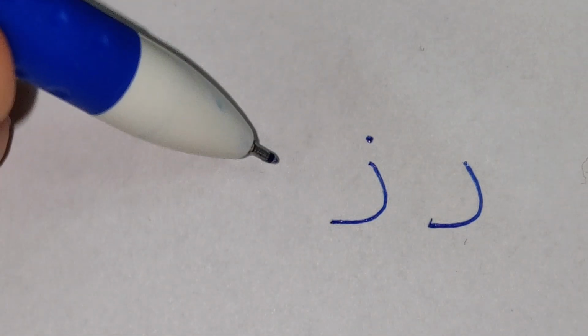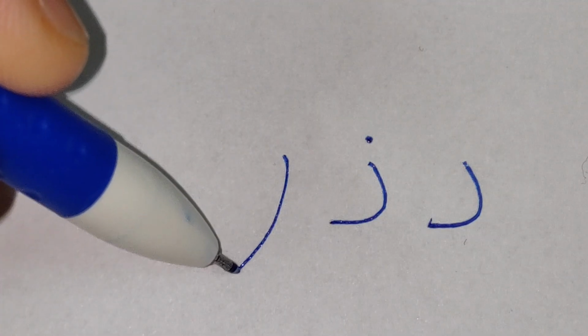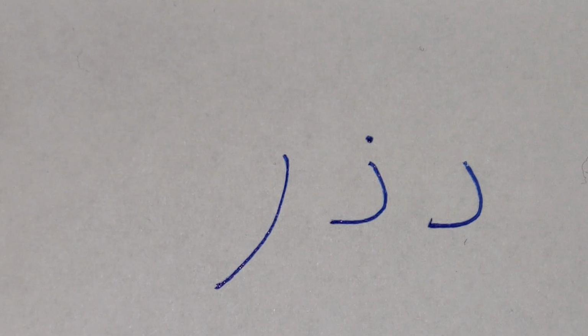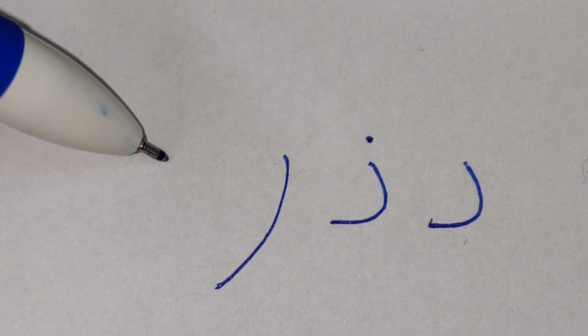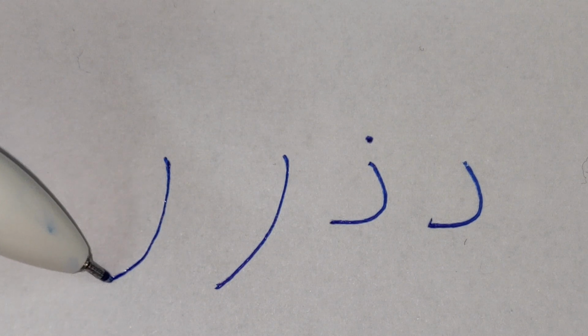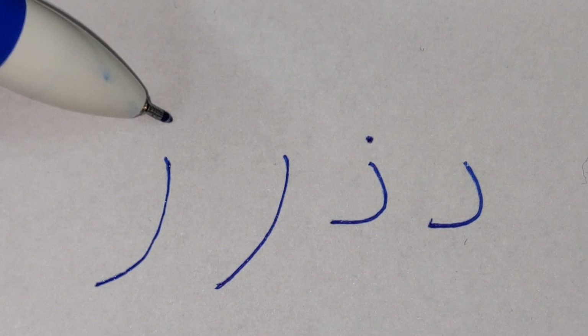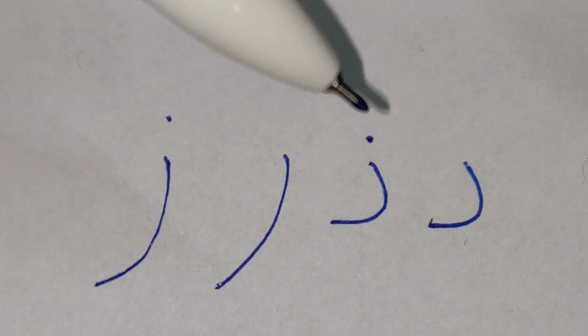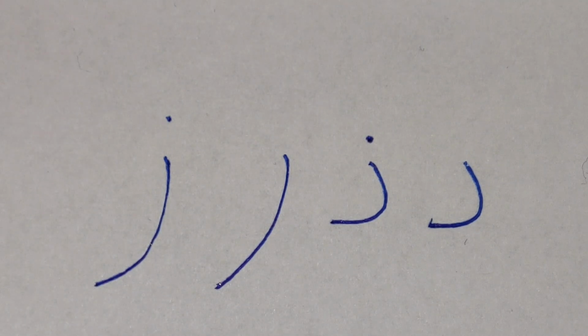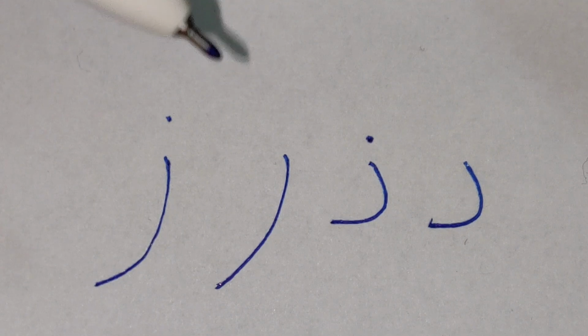Ra is also a slight curve, but with its tail hanging lower. And zain looks the same, but also with a dot above it. It's important to note that, just like alif, these four letters also do not connect with any letters that follow them.